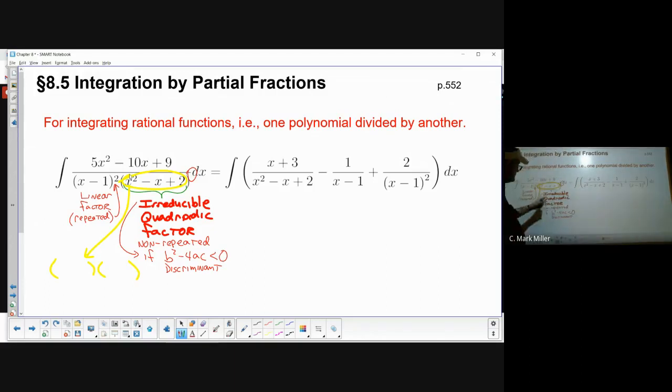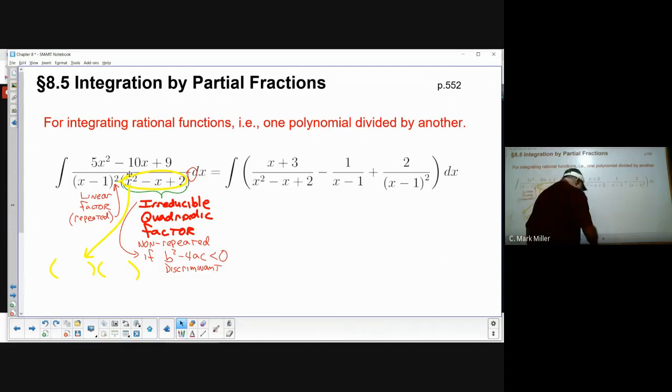An irreducible quadratic has a discriminant less than 0, and so you can't factor it into linear factors. So in our procedures, we're going to factor the denominators into linear factors when possible. The rest of them we're going to leave as irreducible quadratic factors.